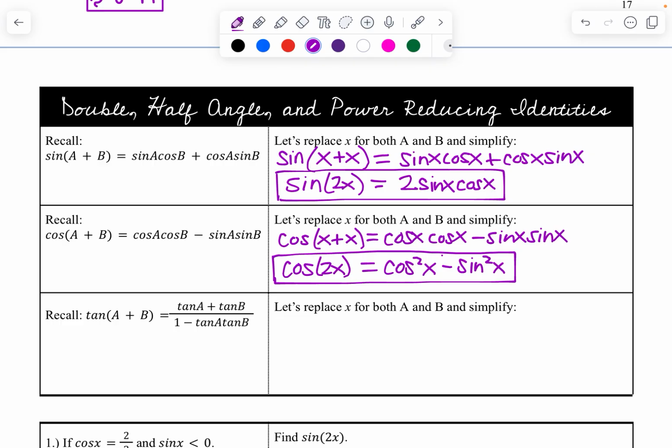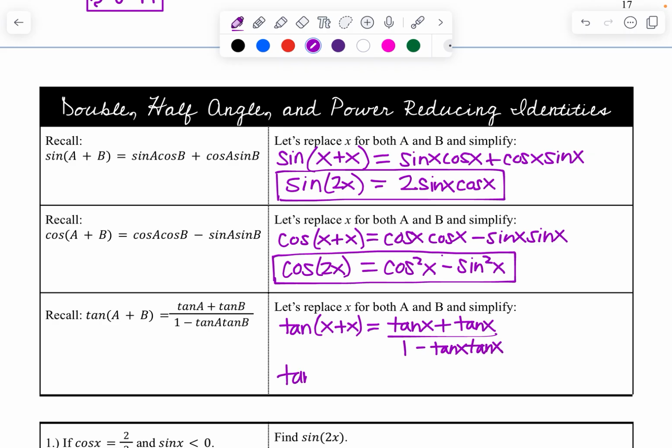All right, now recall tangent of A plus B equals the tangent of A plus the tangent of B divided by 1 minus the tangent of A times the tangent of B. So again, we are going to replace A and B with x. So we'll have the tangent of x plus the tangent of x over 1 minus the tangent of x times the tangent of x.